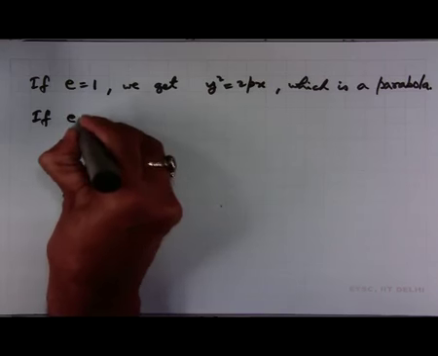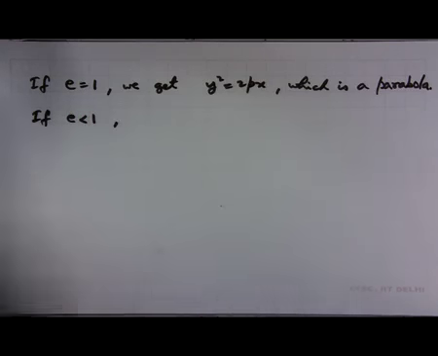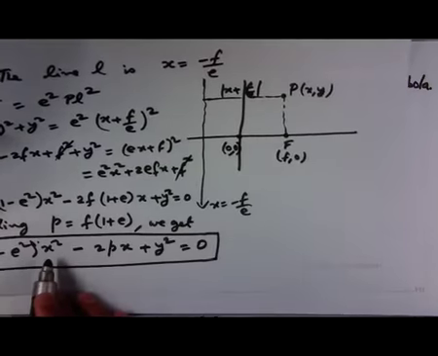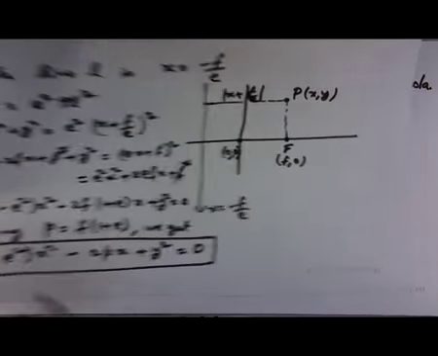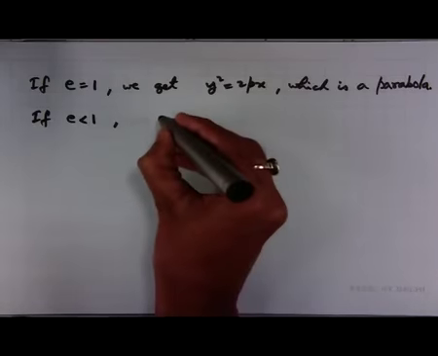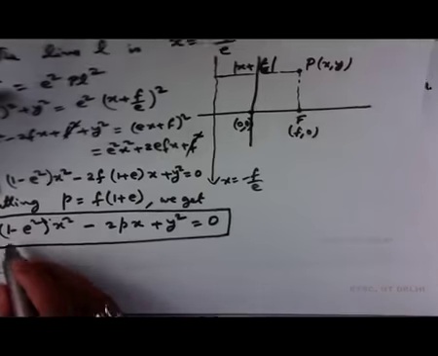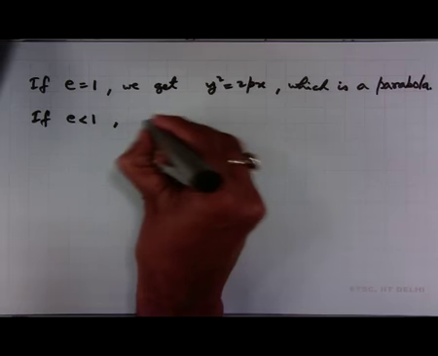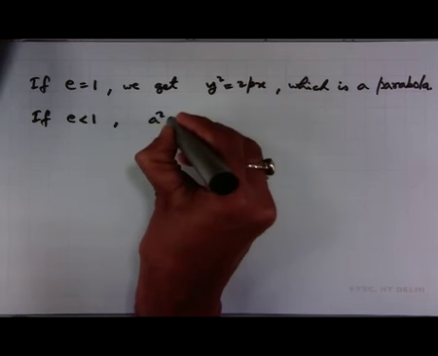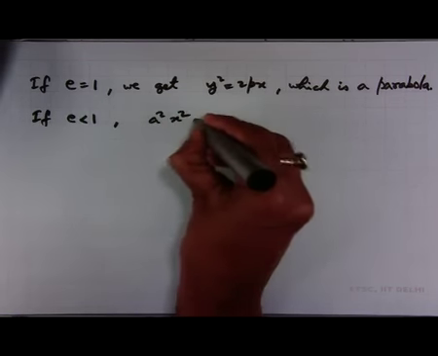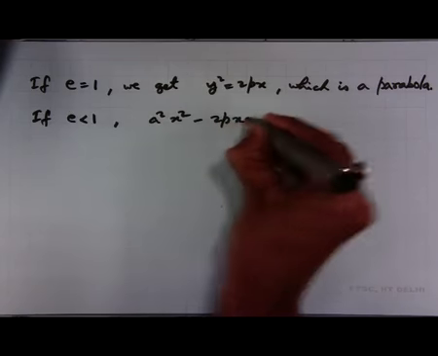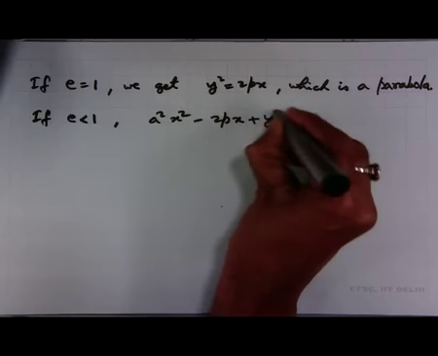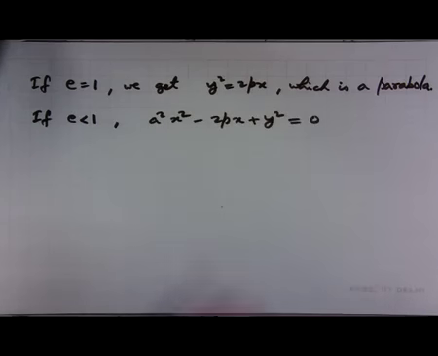If E is less than 1, then 1 minus E square is positive. So, we get some a square x square minus 2px plus y square equal to 0.